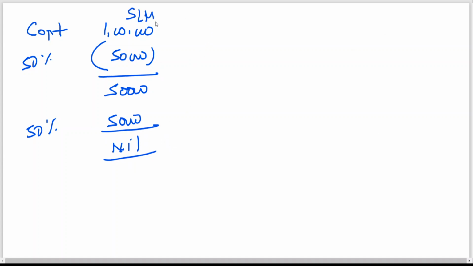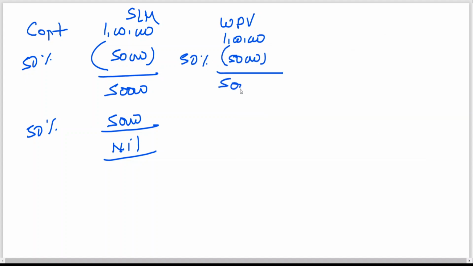Straight line and written down value are both 50% depreciation. Say cost 1 lakh, 50% depreciation. Initially, as I told you last class, depreciation will be the same, 50,000.